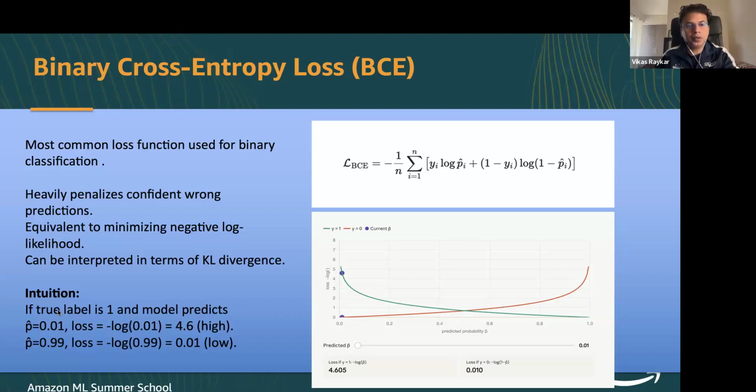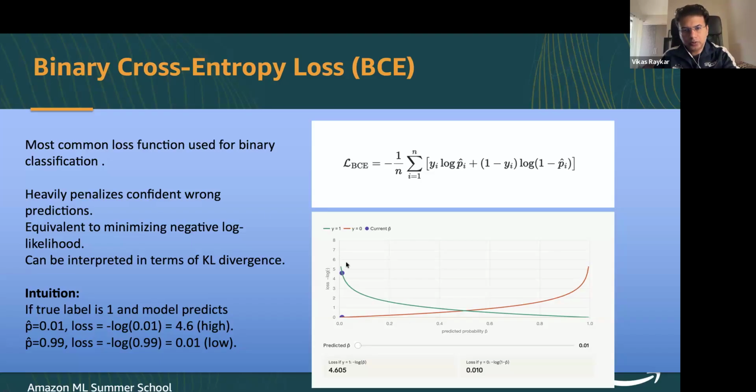So if the true label is 1, and the model predicts p hat equal to 0.01, then the loss will be minus log 0.01, which is 4.6. If it is 0.99, then the loss is minus log 0.99, which is low. So essentially, the cross entropy loss heavily penalizes confident wrong predictions.